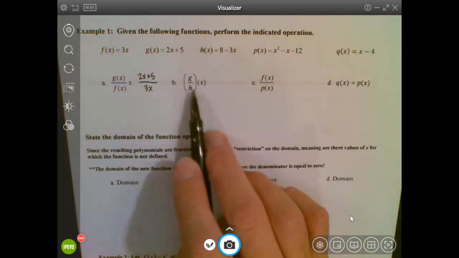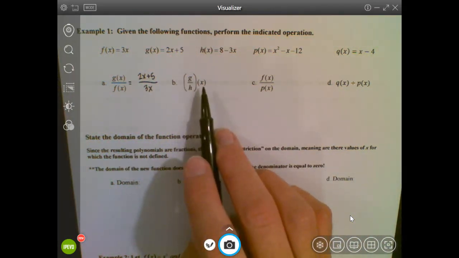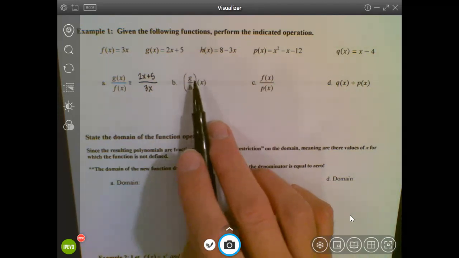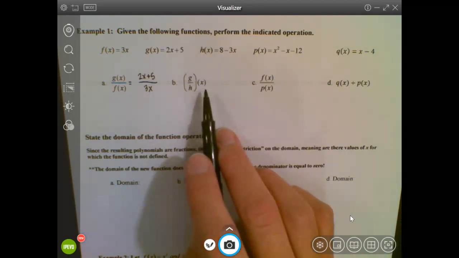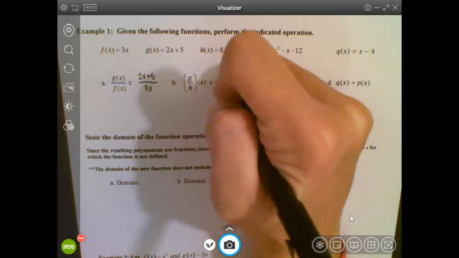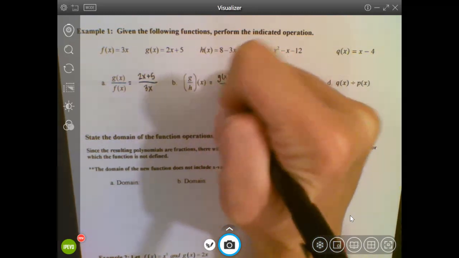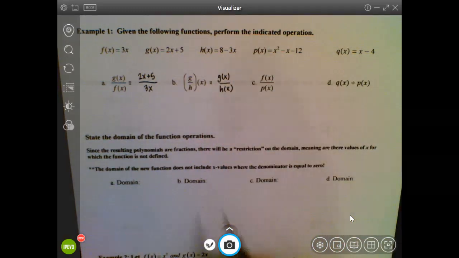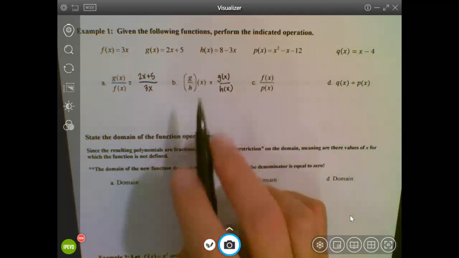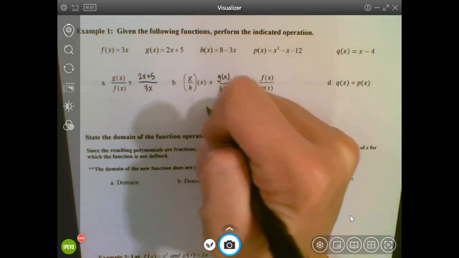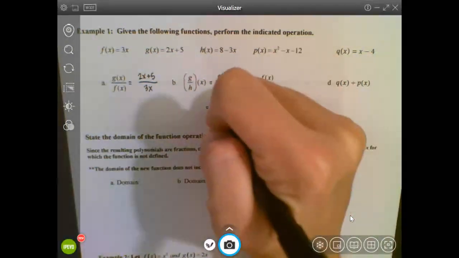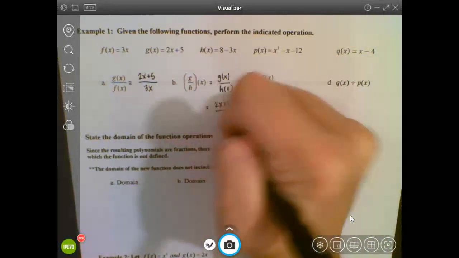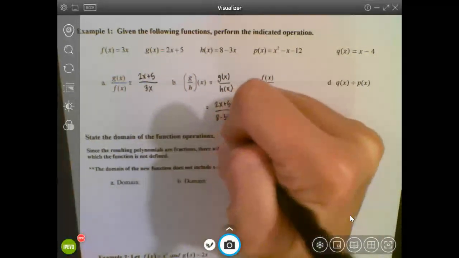And this notation looks pretty similar to what the notation was that we looked at last week. When you have a g over h of x, that really just can be rewritten as g of x over h of x. So just a different way of seeing the division notation. So if I set that fraction up, g of x is 2x plus 5 divided by h of x, which is 8 minus 3x.